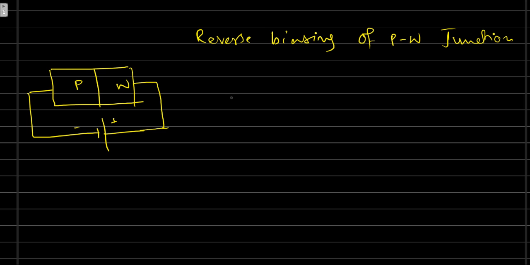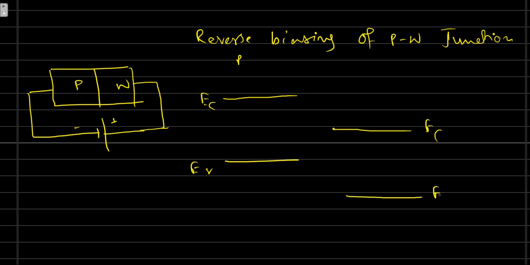Again go back to the energy band diagram. Again this P side, conduction band, valence band, and this N side, conduction band, valence band. This is the situation for the equilibrium case. Now see, at the N side we are applying what?